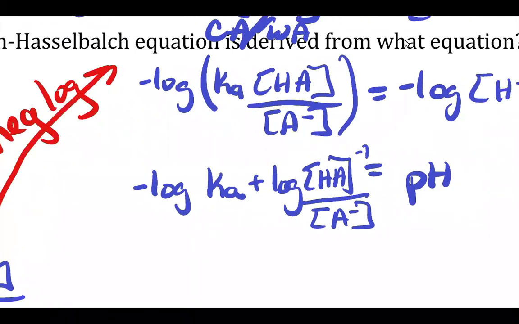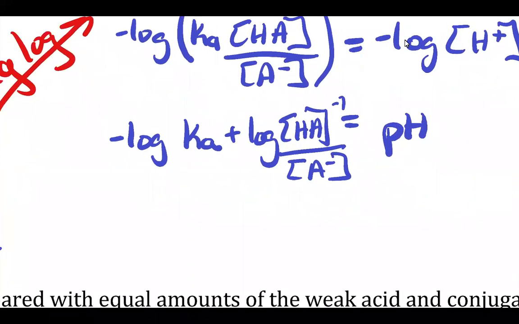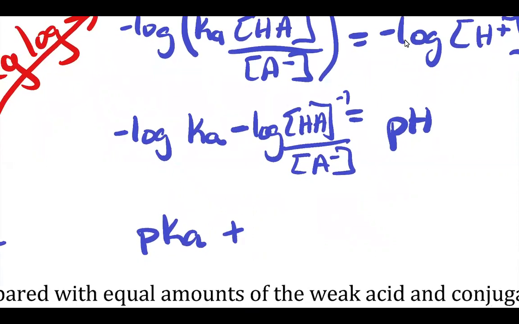You don't have to be able to do this derivation. It's important to understand where it comes from, but you don't have to replicate it. So I get negative log of Ka is just pKa. I'm sorry, this is supposed to be negative. I jumped ahead of myself.